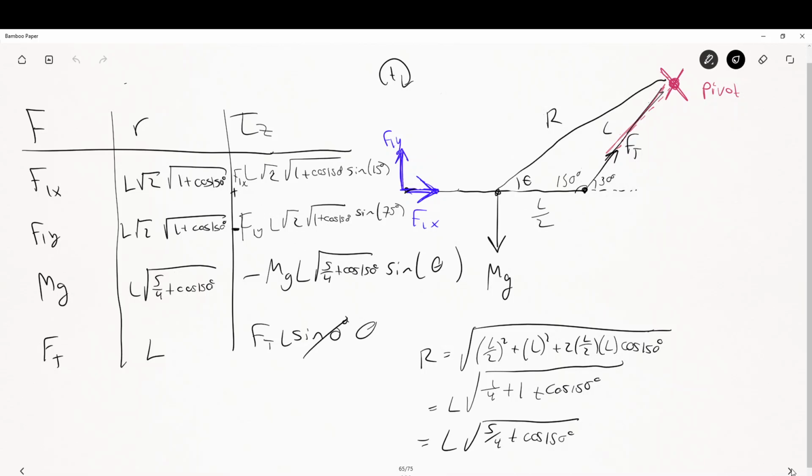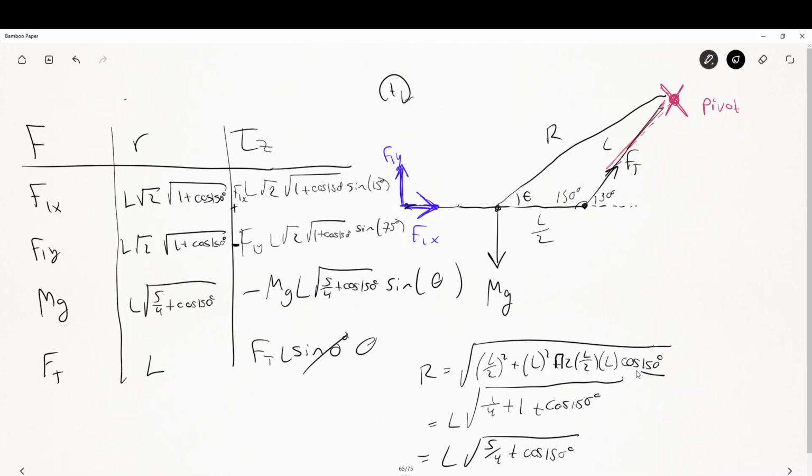It's pretty involved. So I'm guessing it's here where I did the law of cosines. I think I should have had a negative sign right here, because this is actually a negative number, or just made it positive cosine 30. But anyway, we shall see.